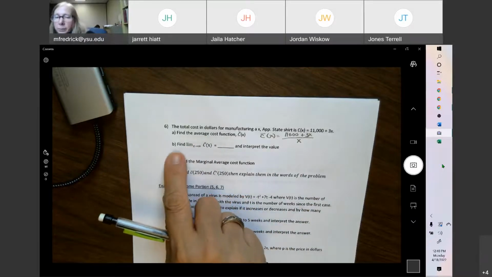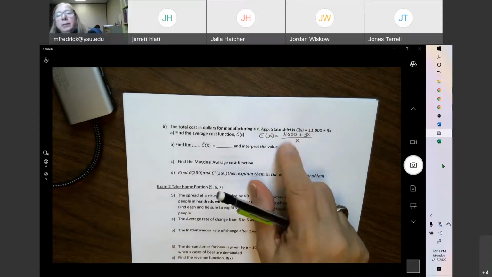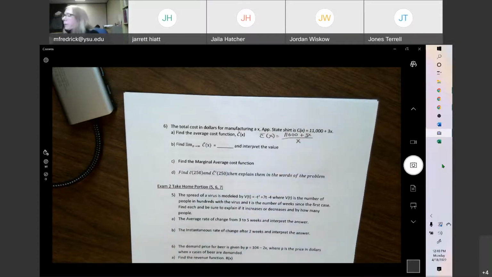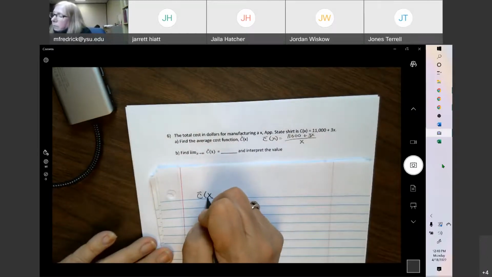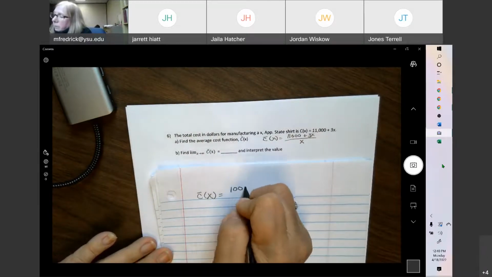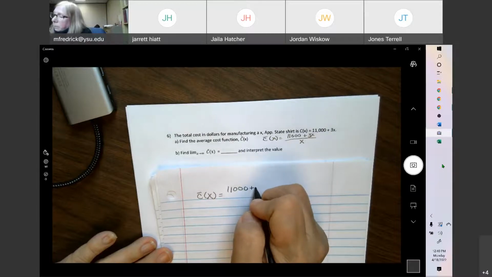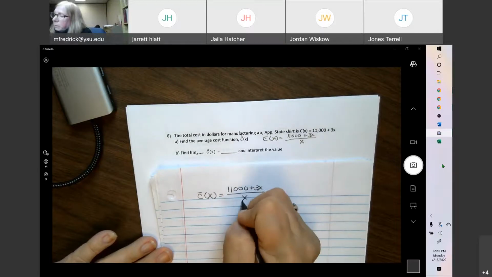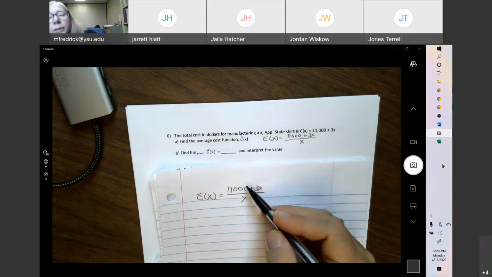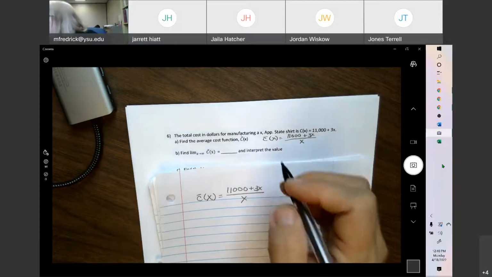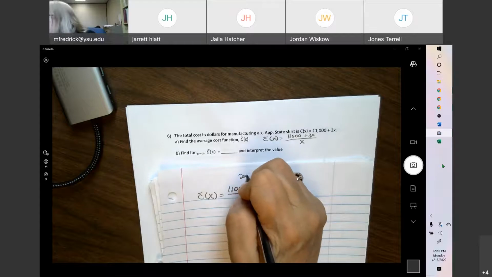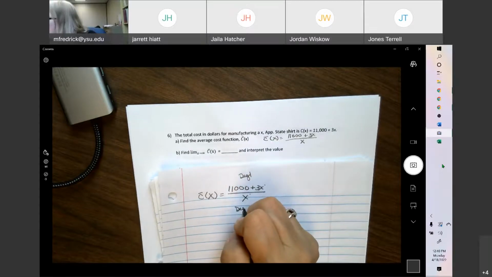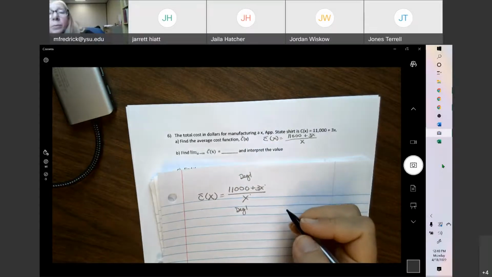When you're taking the limit to infinity and you have a fraction, remember you take the degree of the top and the bottom and compare them. The degree is your largest exponent. In both cases, top and bottom, they're both a 1.